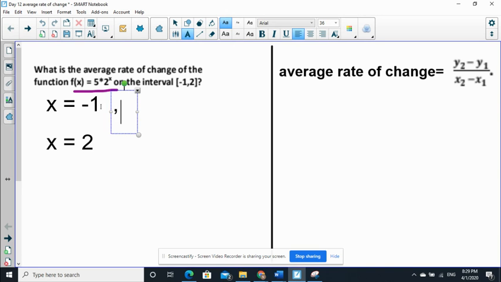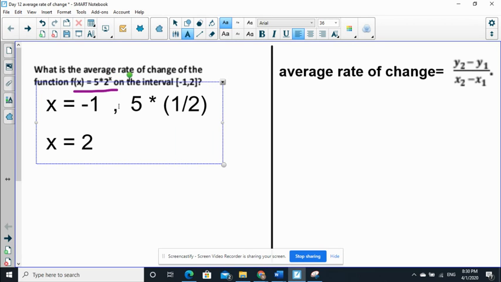So if we plug in x equal -1, we will have 5 times 2 power -1. 2 power -1 is the same as 1 over 2, or 1 half. So we will put here times 1 half. 5 times 1 half equals 2.5.